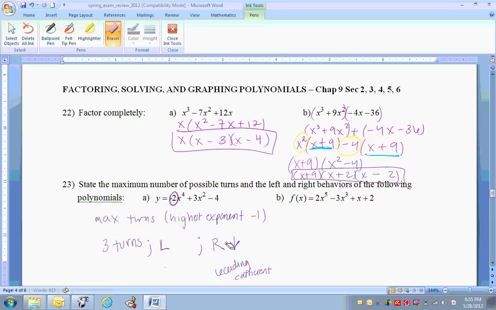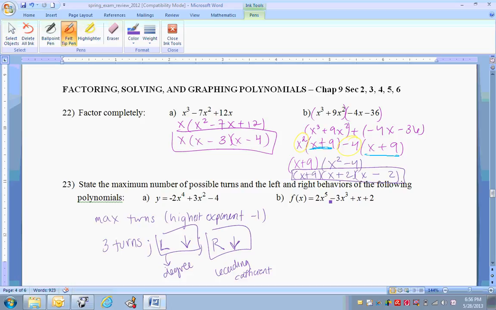So in this case, it's negative, so it goes down. Now, if the degree is even, the sides are going to match. So if the right goes down and the degree is even, then the left is going to match the right side behavior. In this case, the right went down and the degree was even, so the left went down also.